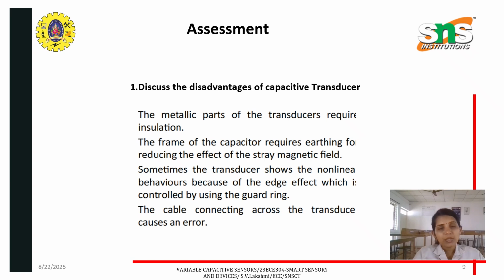Now let us discuss the disadvantages of this capacitive transducer. The metallic parts of the transducer require insulation, to protect from any other external influences. The frame of the capacitor requires earthing to reduce the impact of stray magnetic fields. The transducer also shows nonlinear behavior because of the edge effect, which should be controlled by using guarding.